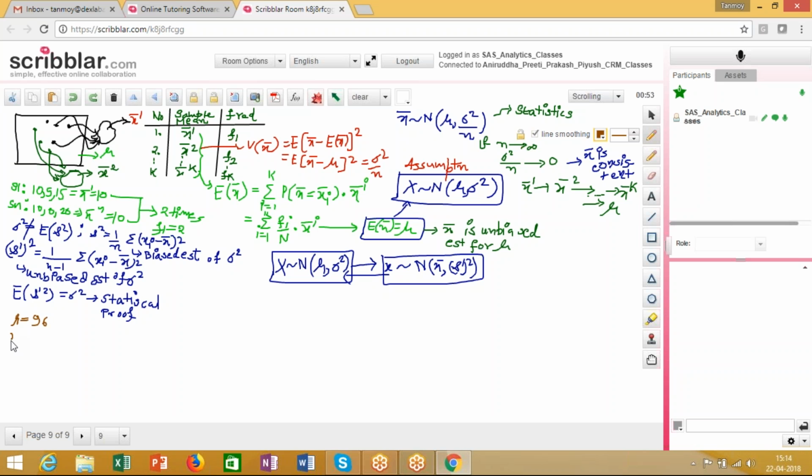But when I compute the expected value of x bar, what I get to see is 95.2. So will X bar be a biased or unbiased estimator?